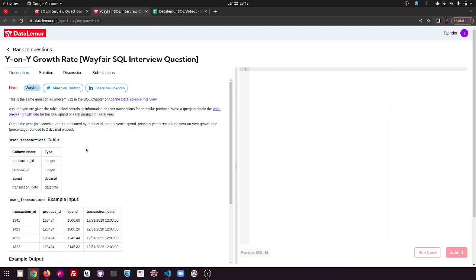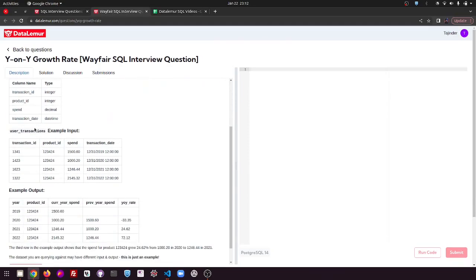So basically, the data given is the product ID and spend for each year, and now we have to calculate the year on year growth for every product. Let me see the data first. We have a transaction ID, product ID, then total spend on this transaction date.